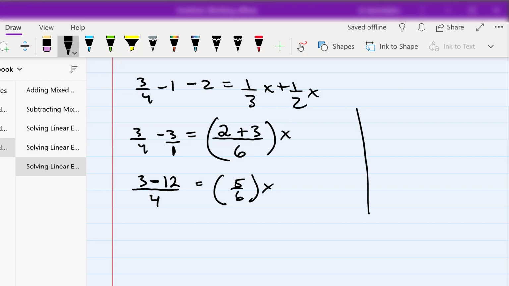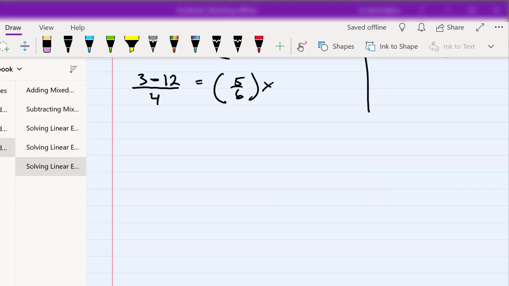Another way of doing that is if we have 3/4 minus 3 over 1, we can cross multiply. 3 times 1 is 3 minus 4 times 3 is 12, all over 4 times 1 is 4. So simplifying the left-hand side, 3 minus 12 is minus 9 over 4 equals 5 over 6 x.